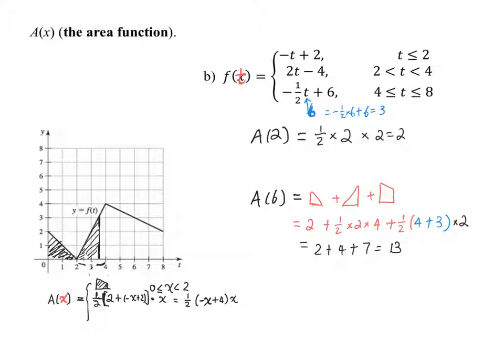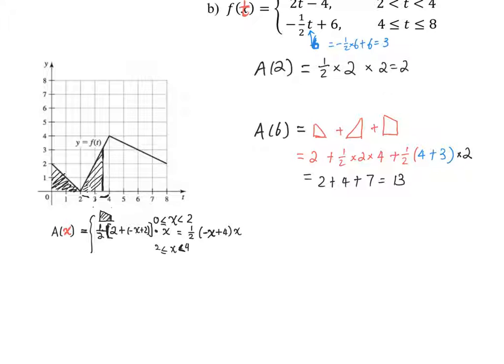Okay, so in other words, when x is in between 2 and 4, my area looks like this. One is this little triangle plus this another triangle, right? So how do I find this formula?